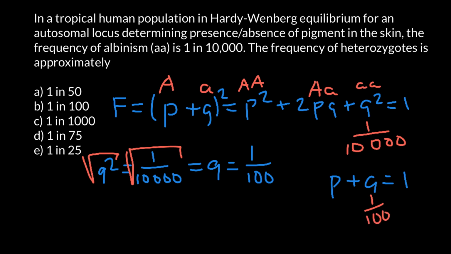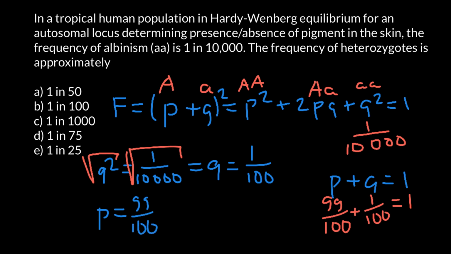We know that the frequency of the P allele would be 99 over 100, so that we get 100 over 100, or 1. Once again, the frequency of P equals 99 over 100.